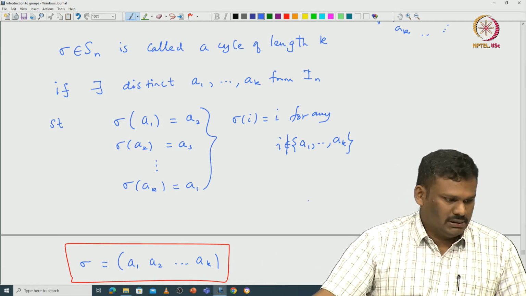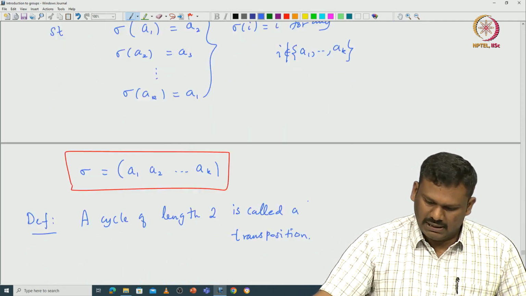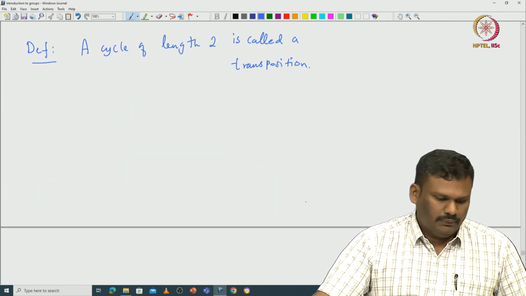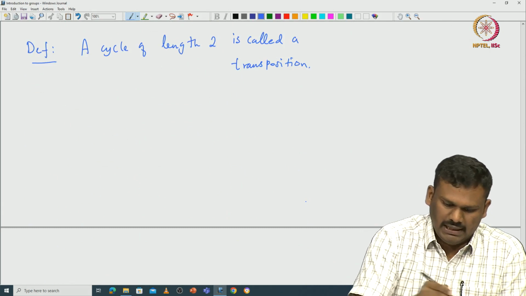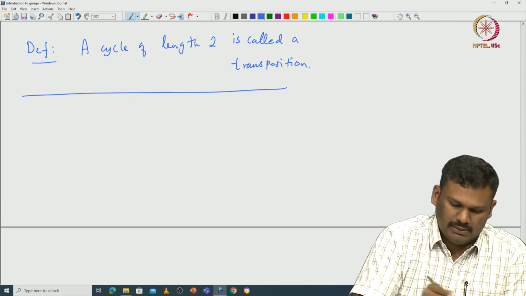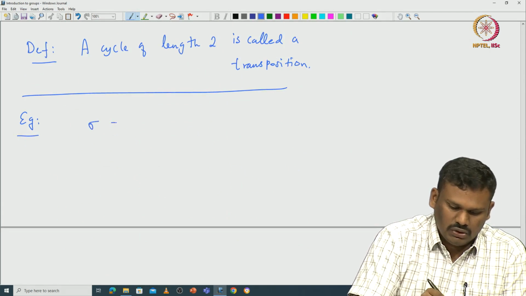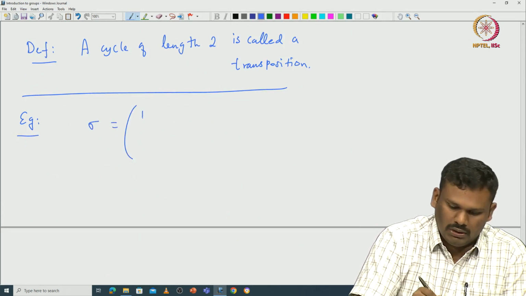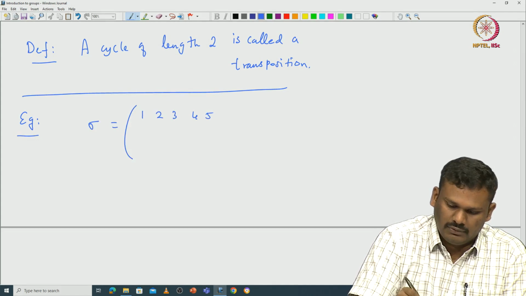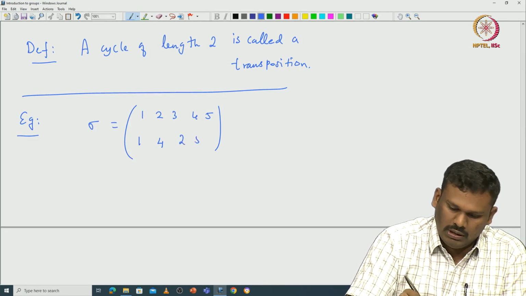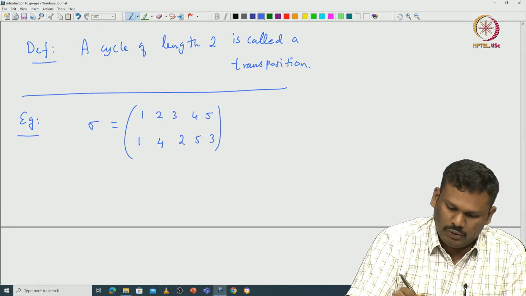Let me do an example first, and later we will actually prove that result. For cycles, let us see the following example. You start with this sigma, let us say on 1, 2, 3, 4, 5 from S5, where 1 maps to 1, 2 maps to 4, 3 maps to 2, 4 maps to 5 and 5 maps to 3.